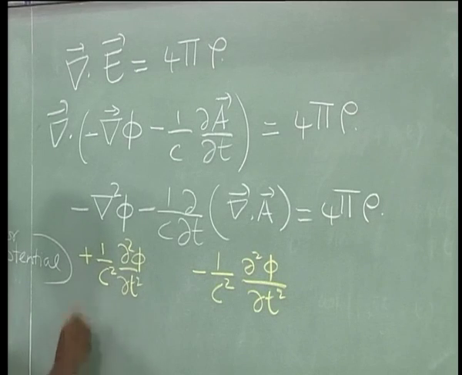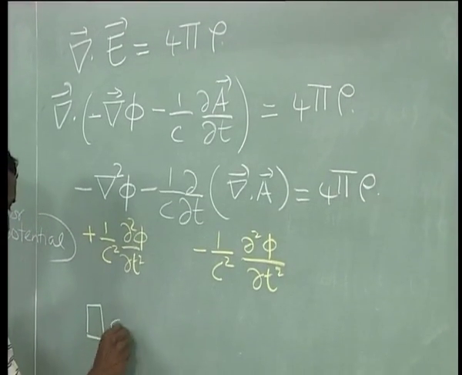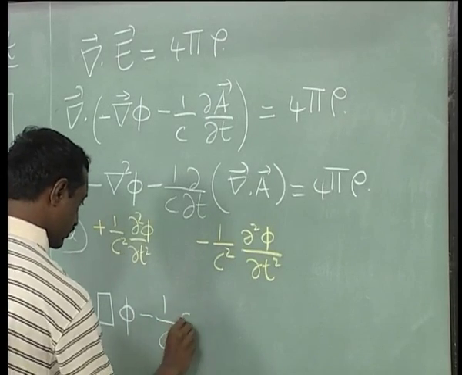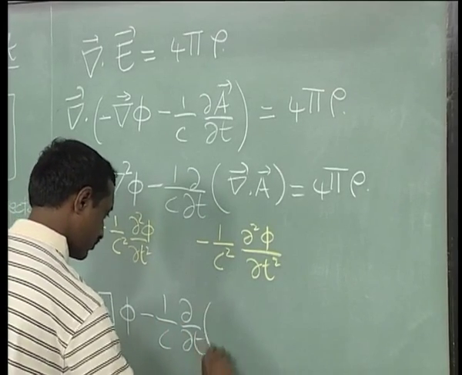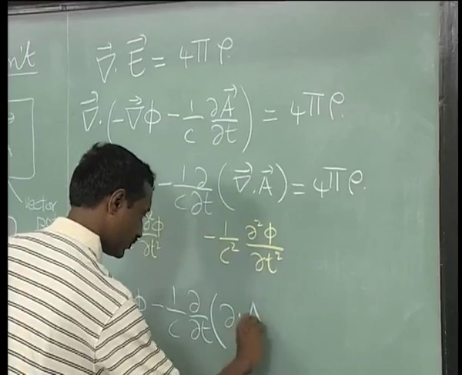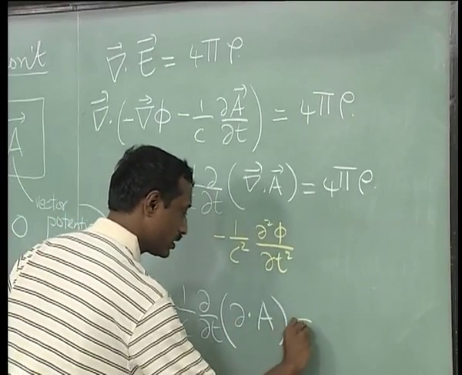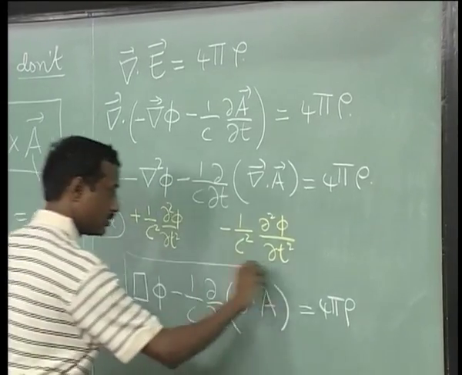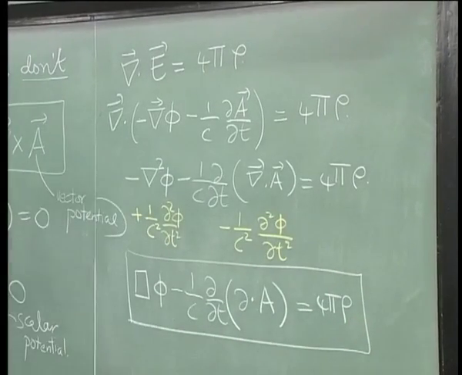I will write this as box phi. I will write some symbols out here, and then, okay, I have to explain what these symbols are.